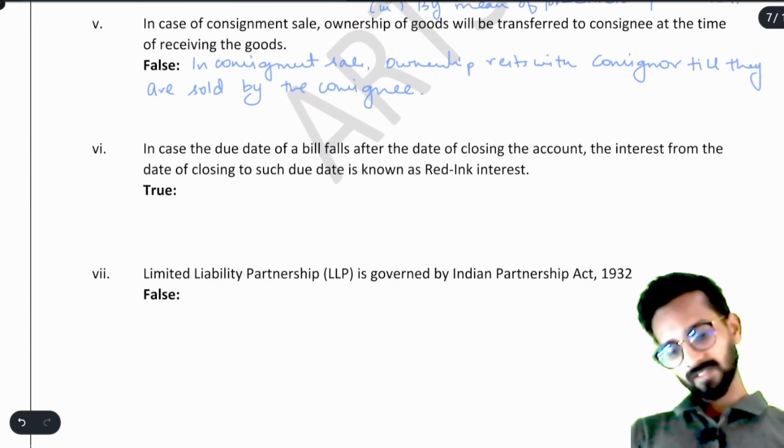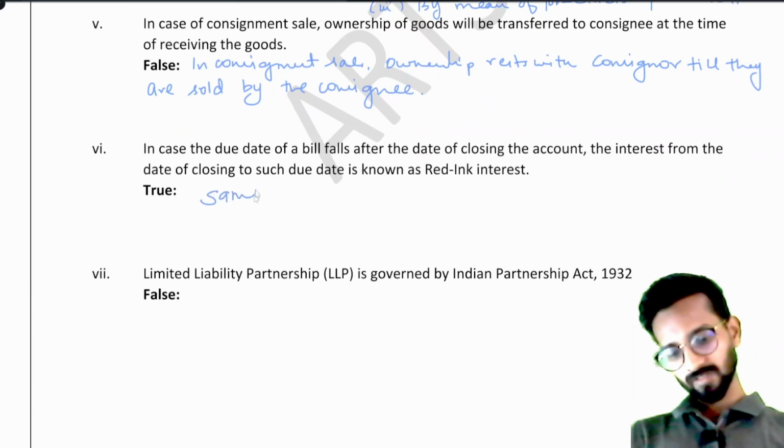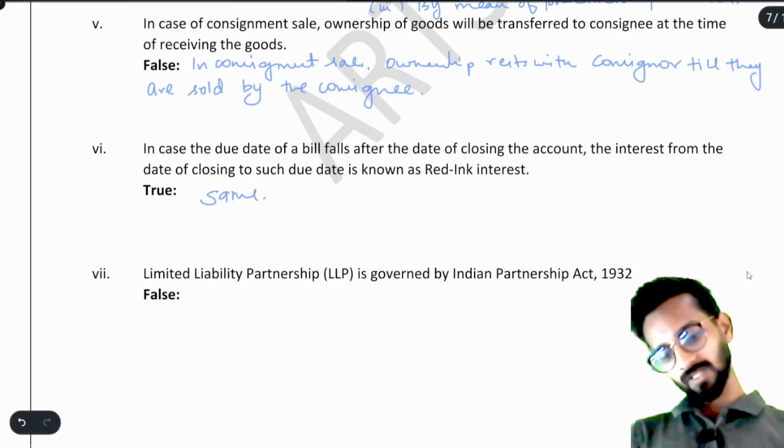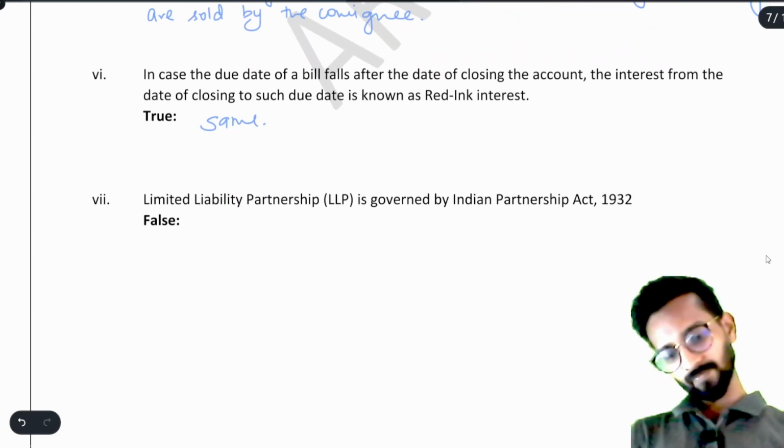Point number 6, in case the due date of a bill falls after the date of closing the account. Okay, this is exactly same, we have discussed this so many times now. Limited liability partnership is governed by Indian Partnership Act 1932. Obviously not. See why?